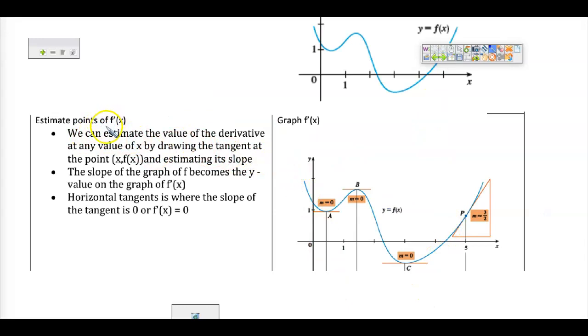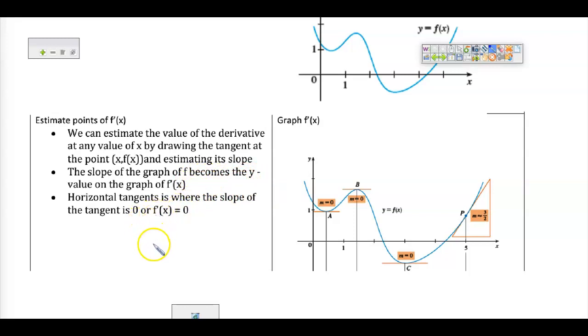So we estimate points of f prime of x given f of x. And we can estimate the value of the derivative at any value of x by drawing a tangent at a point x on f of x. We're estimating its slope. So the slope of the graph of f becomes the y value of f prime of x.